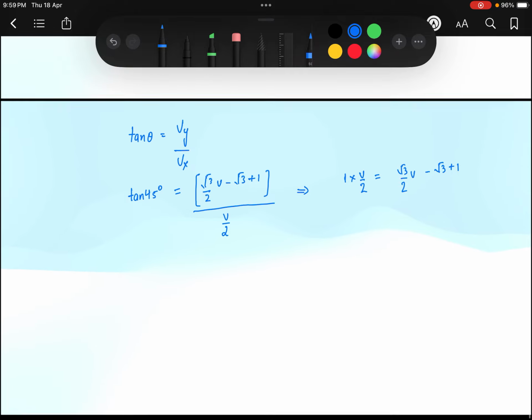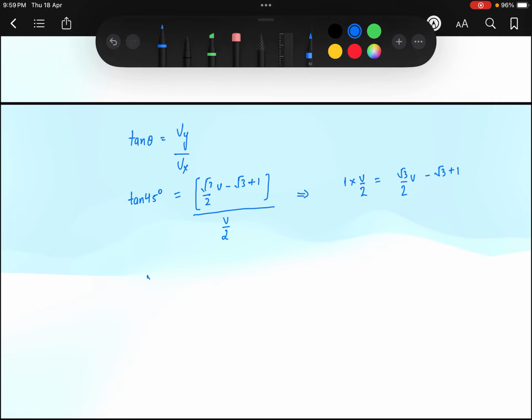So solving this equation, we will get root 3 minus 1 times V by 2 will be equal to root 3 minus 1. So this root 3 minus 1 will be cancelled out and we will be getting V is equal to 2 meter per second.